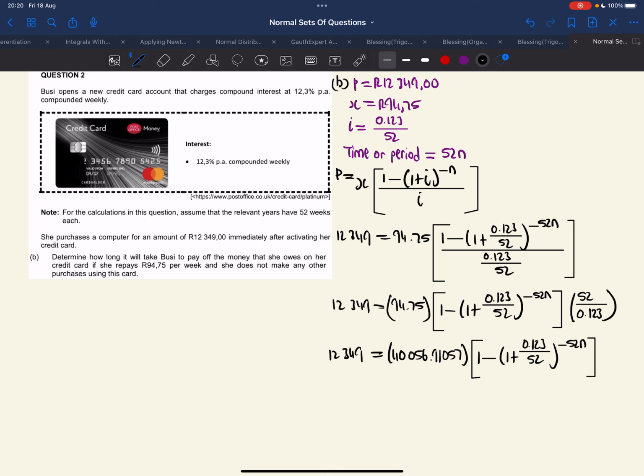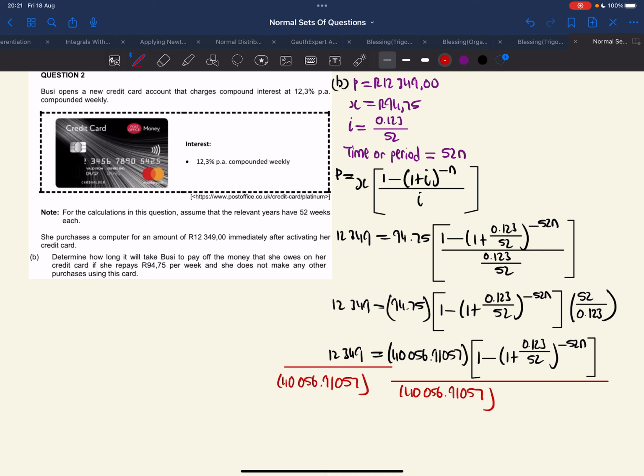Then the next step is to divide both sides by that number, 40,056.91057.